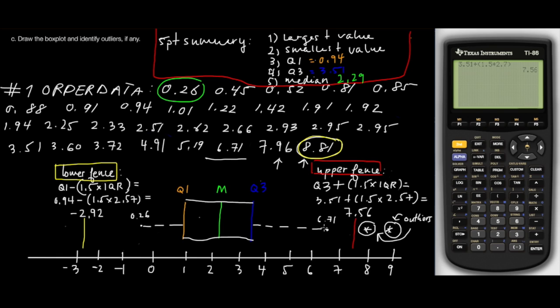So that would be on the right-hand side, 6.71, and on the left-hand side, it goes all the way till the end at 0.26. But on the right-hand side, that leaves us with 2 points, 7.96 and 8.81. And because they are beyond the fence, they are considered outliers.